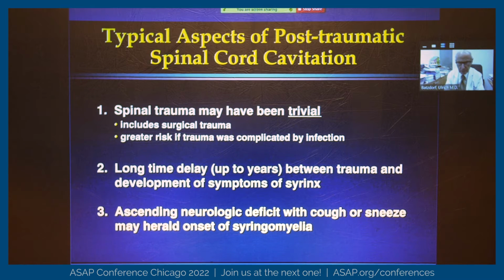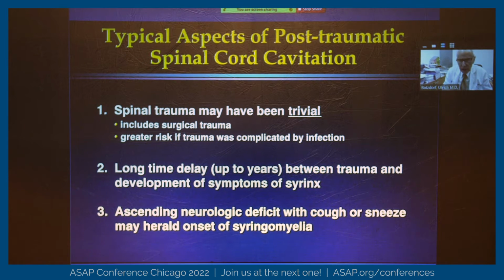Next. Now, there are some characteristic features of post-traumatic spinal cord cavitation. One is that the spinal trauma may have been relatively trivial, and the patient may have had no immediate injury or loss of neurological function, and it can also be true of minor surgical interventions.